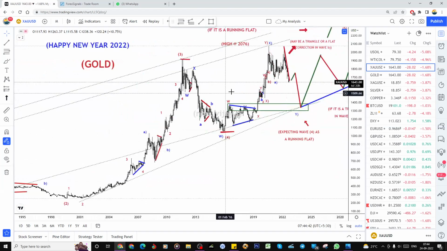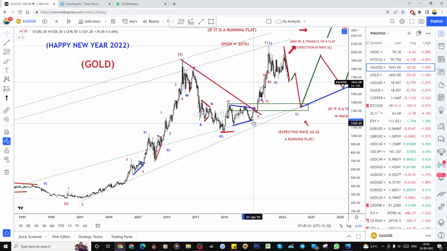Because what I explained is the WXABCY WXYZ in the irregular flat formation, sometimes this is the one A B C D E, this is the end of the trend. So whether this is the end of that, here is the fourth wave, here is the fourth wave.